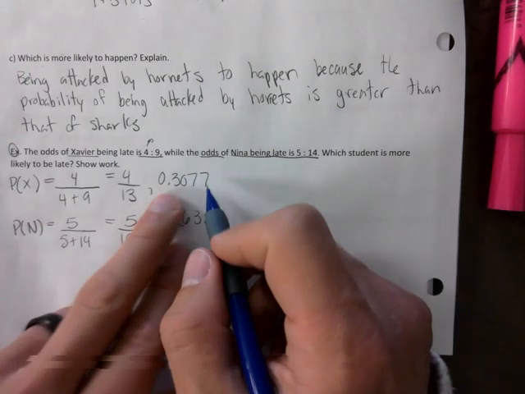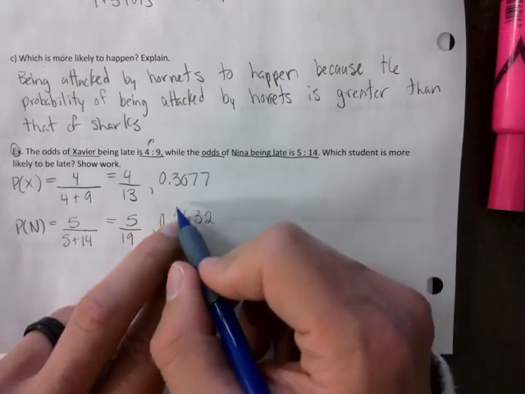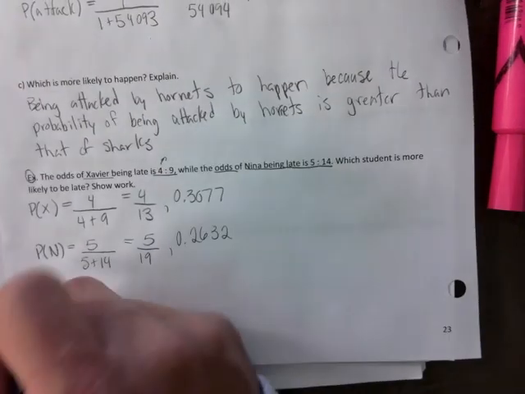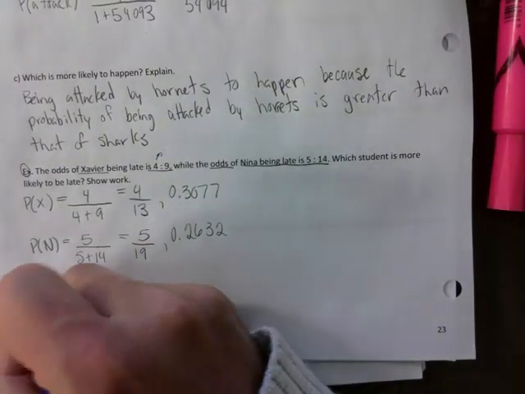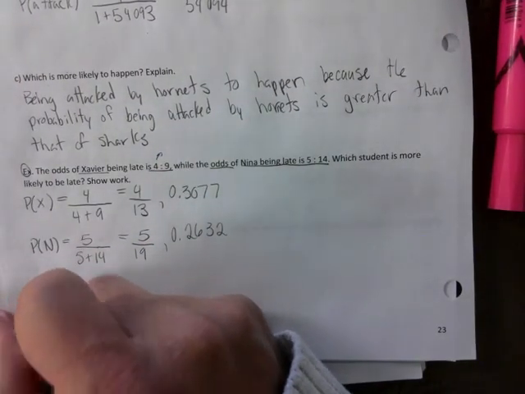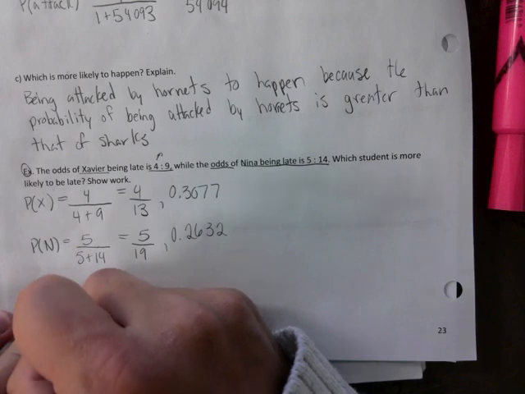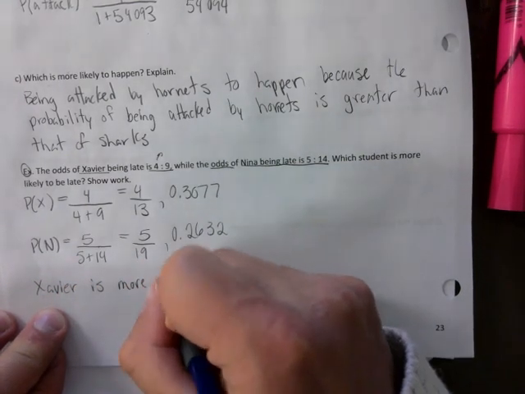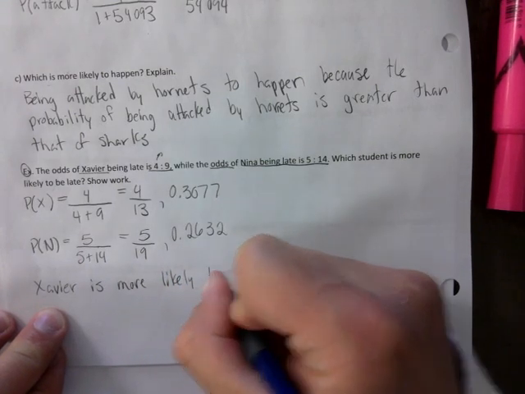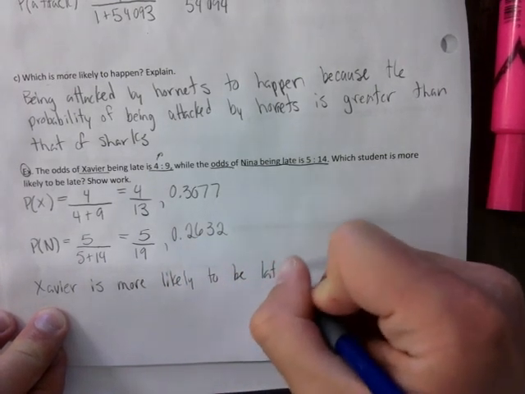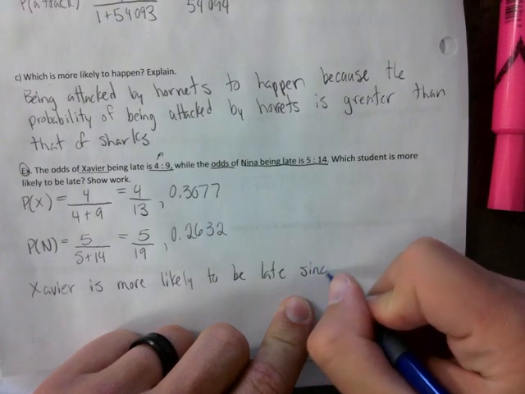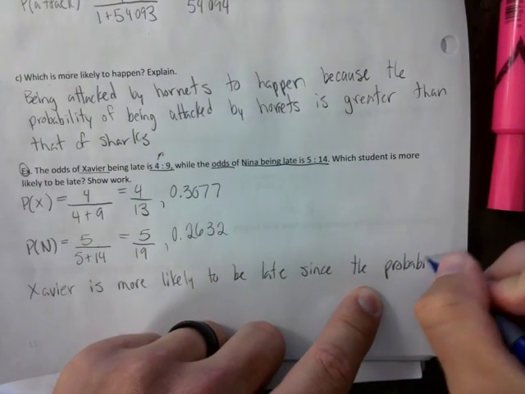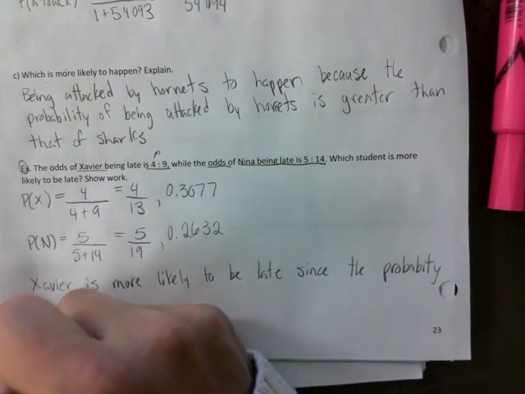Yeah, exactly, because the probability of Xavier being late is higher than the probability of Nina being late. So Xavier is more likely to be late since his probability is greater.